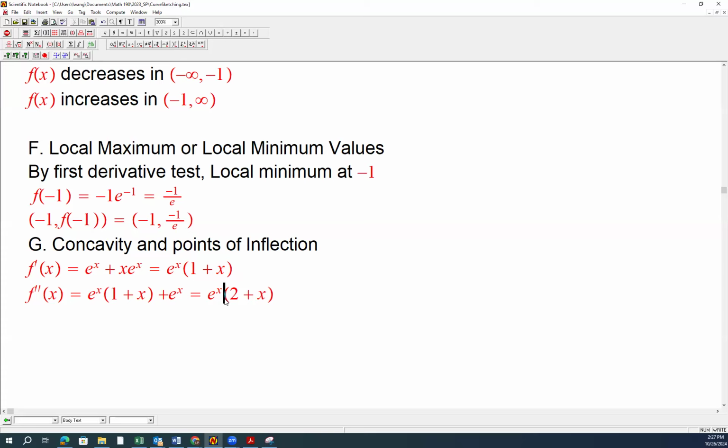And the change of concavity: if there's a change of concavity at a point, that's the inflection point. So obviously we can look at the sign change. The sign of f double prime is the same as the sign of 2 plus x, because e to the power x is positive.